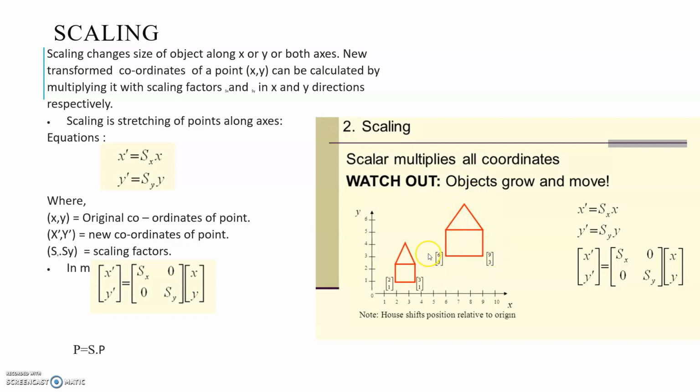In scaling, x dash equals Sx times x. Sx and Sy are the scaling factors. You have to multiply Sx with the x coordinate and Sy with the y coordinate, and you will get the new coordinates of that particular point, and then it will be scaled.